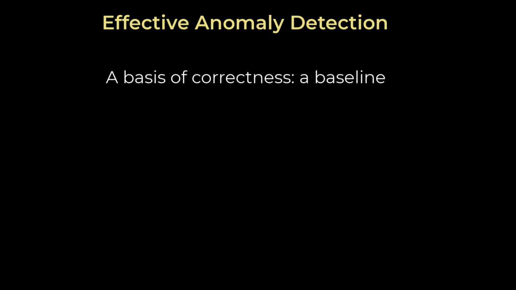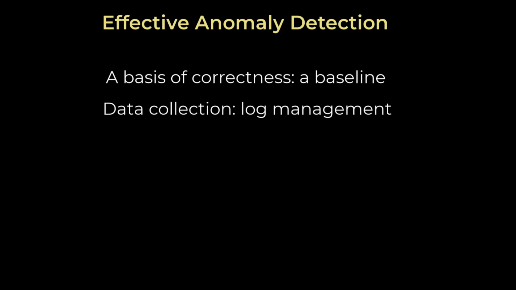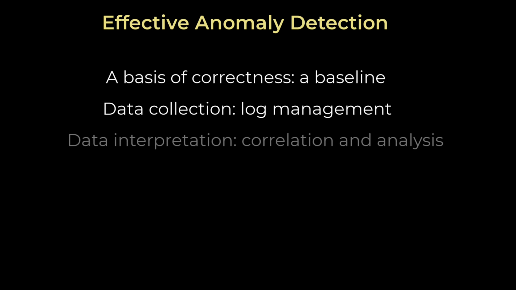Effective anomaly detection often involves three components: a basis of correctness, a definition or model of normal versus abnormal; data collection, the gathering of telemetry or events from the system; and data interpretation, which involves analyzing the data to determine if it's anomalous.